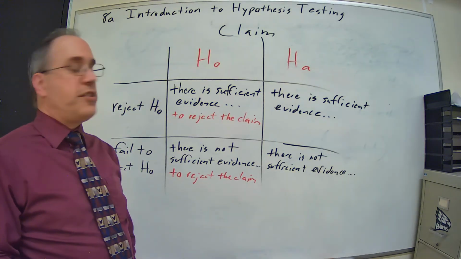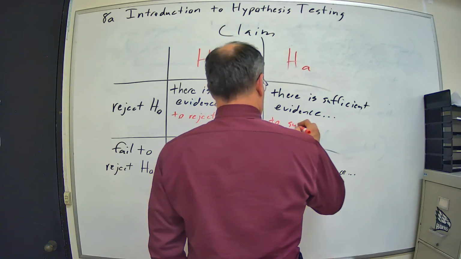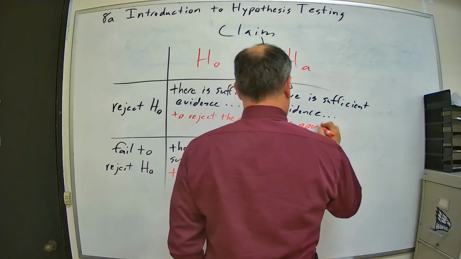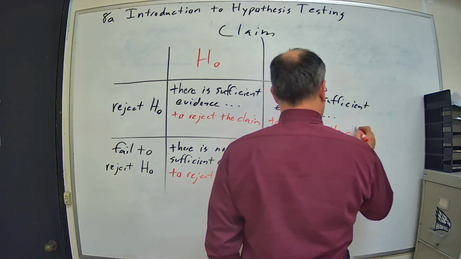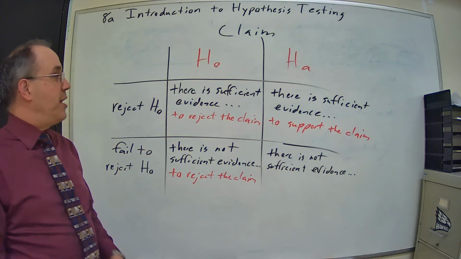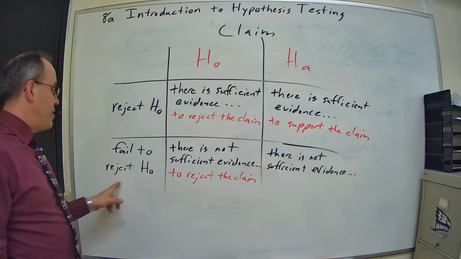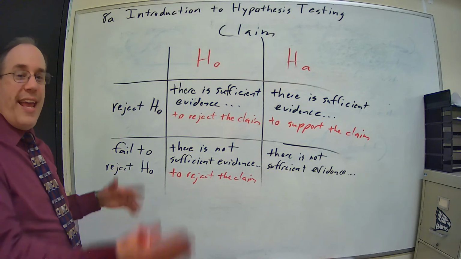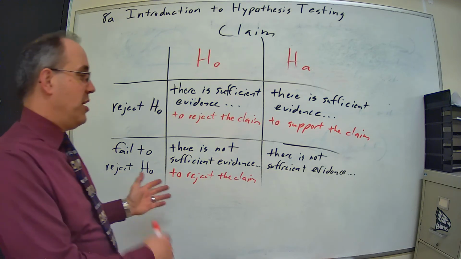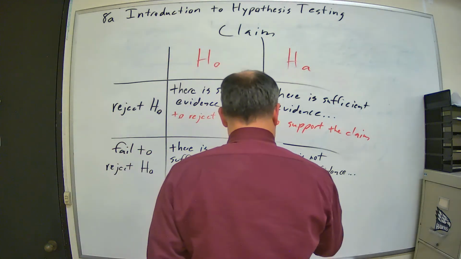Therefore, there is sufficient evidence to support the claim. If the claim was the alternative hypothesis and we failed to reject the null hypothesis, so we weren't able to reject everything else, then there's not sufficient evidence to support the claim.